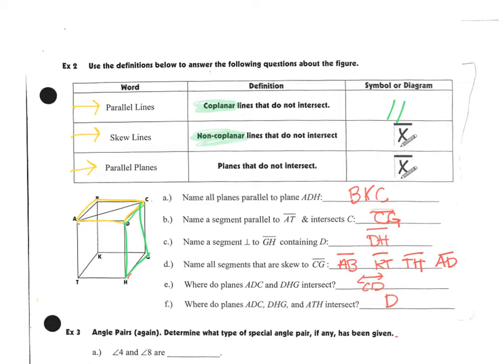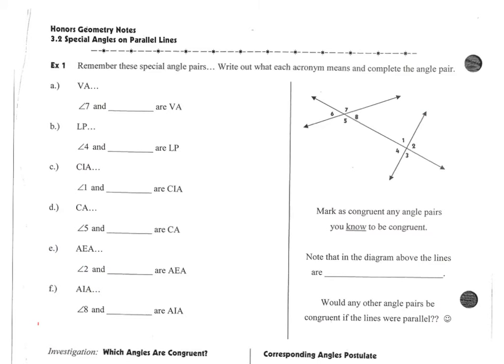I'm going to do that one in blue. And you can see that where they intersect is right there. Marked it off in red. That's point D. So we definitely want to make sure that we add these to our note cards as well as be able to identify them.